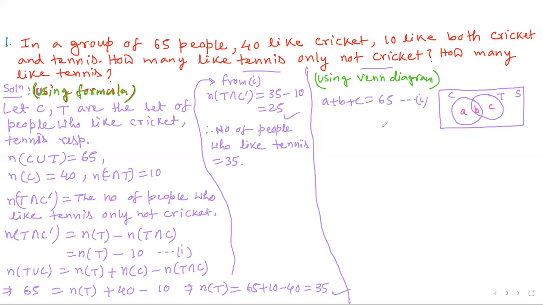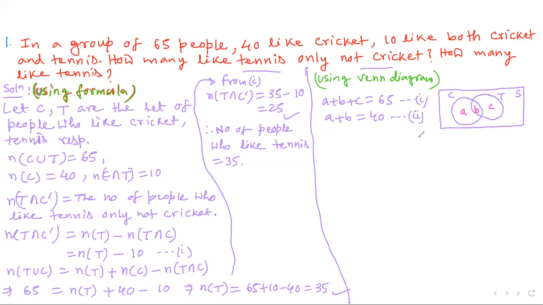Now 40 like cricket. So check the cricket set. Cricket set is denoted by C, and in C there are two parts, A and B. So 40 like cricket means A plus B is equal to 40. That is equation number 2.